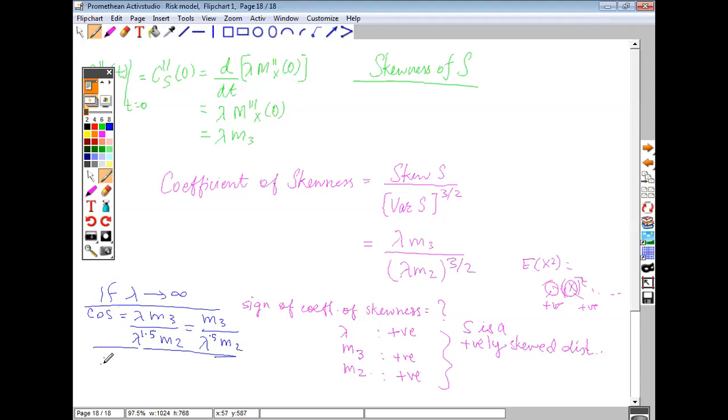With a positive exponent on lambda in the denominator, if lambda goes to infinity, lambda raised to 0.5 will also go to infinity and my coefficient of skewness will tend to 0, which will render S to be symmetric, right?